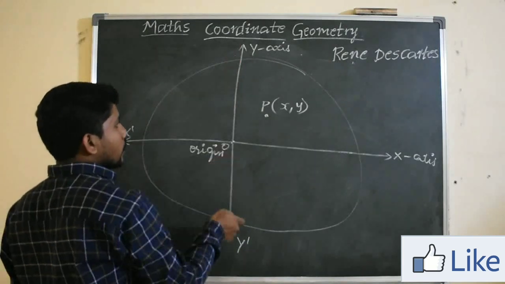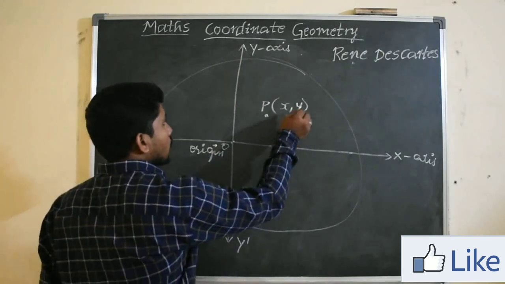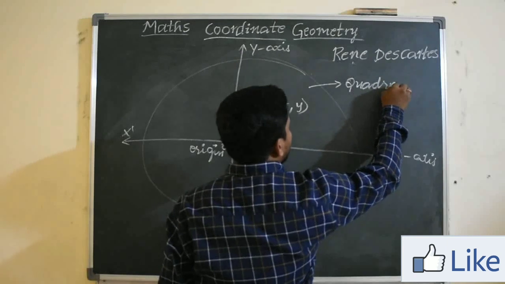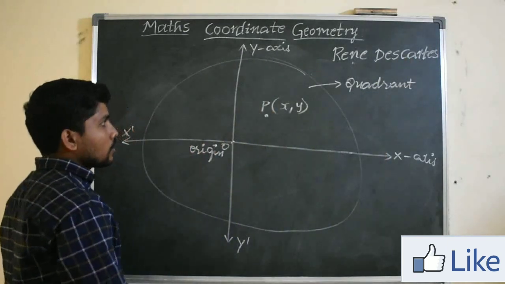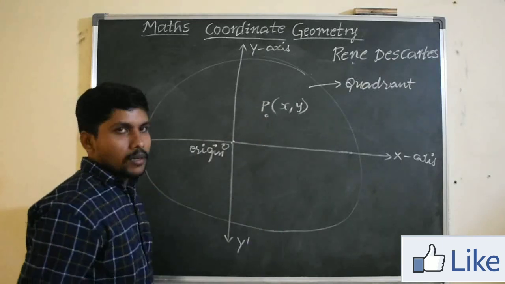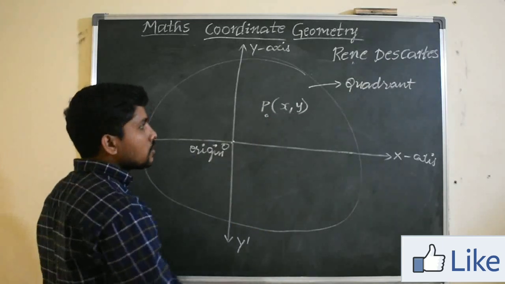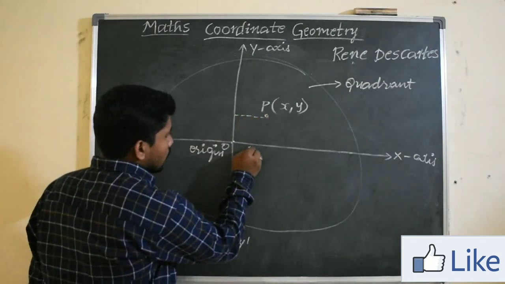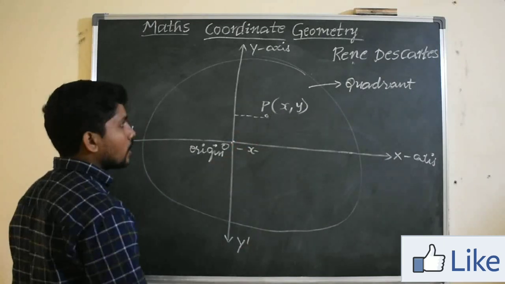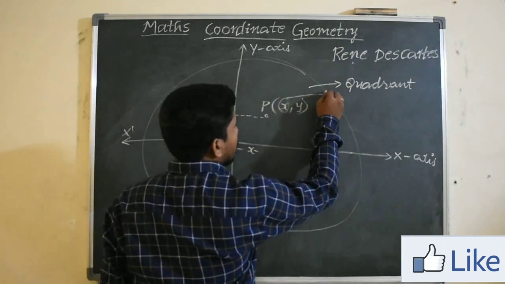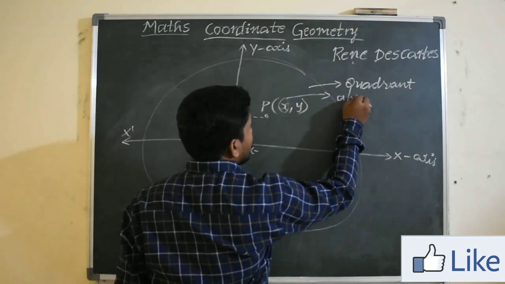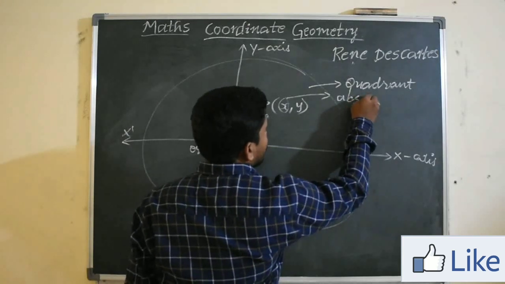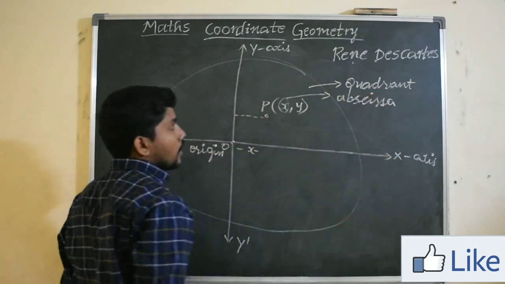Now this plane is divided into 4 parts, and each part is called a quadrant. Here we have taken a point P, (x, y). The distance of this point from the y-axis is the x coordinate, which is called the abscissa.